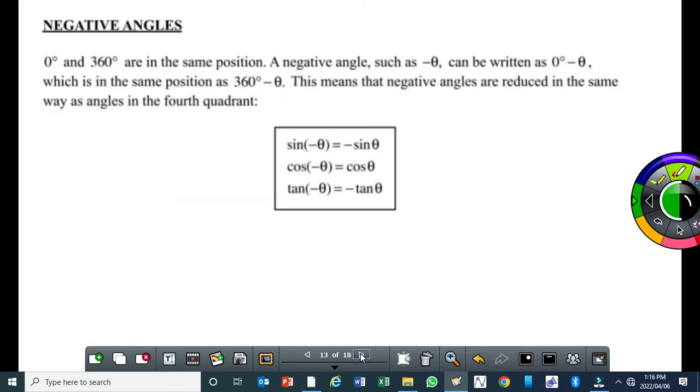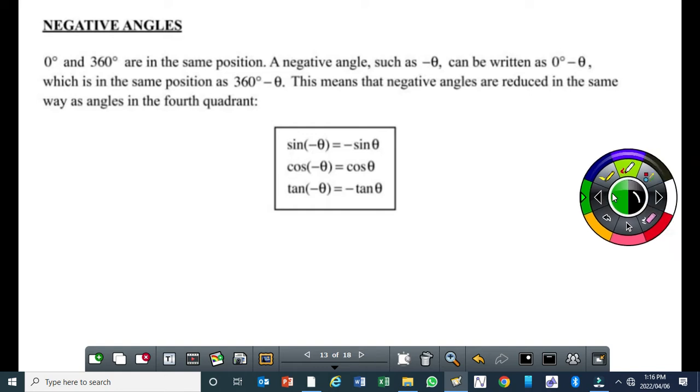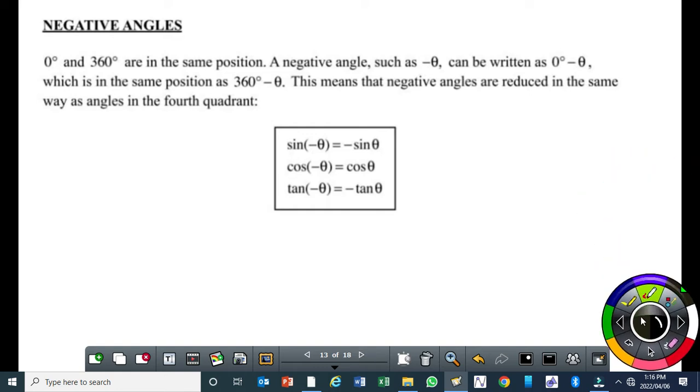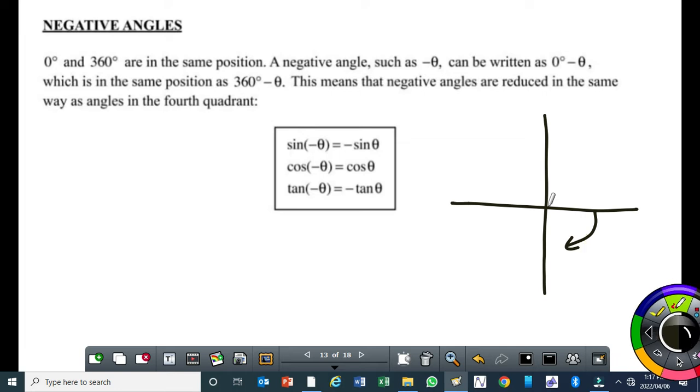All right. Let's move on to negative angles. This part here is very important for you to know. Your angles are negative if you measure them from the x-axis in a clockwise direction. If I draw a terminal ray like that, I can call this angle minus theta.